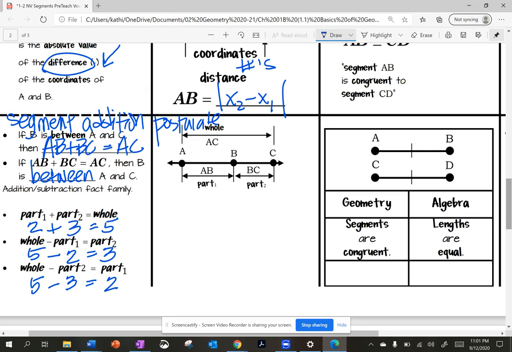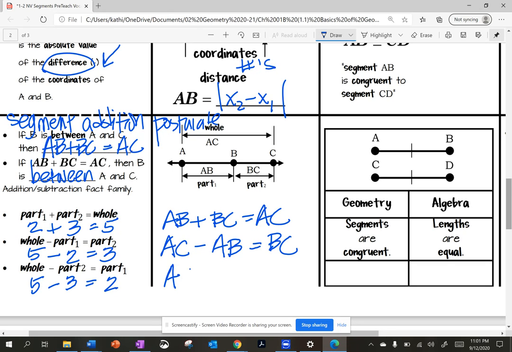So this is going to be AB plus BC equals AC. So my whole is from A to C. So I could say the whole A to C minus A to B equals B to C. Or I could start out with the whole and subtract the other part, B to C, and that equals the first part, A to B.